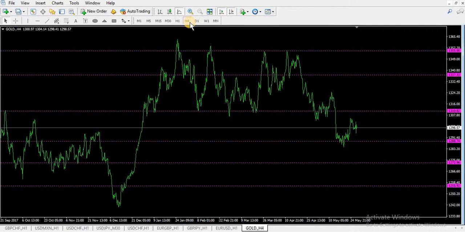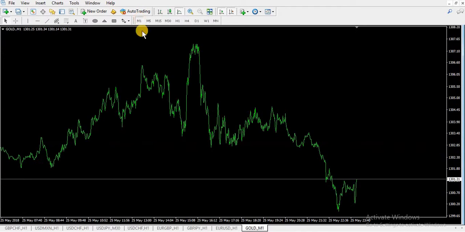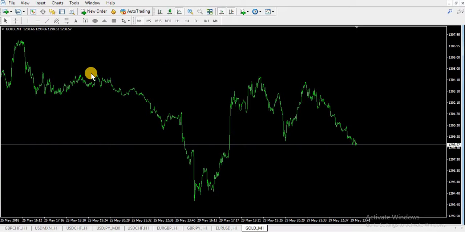Because one thing that you have to know is that every line of resistance or support line is very important. Every support resistance drawn on the minute chart means that resistance can only hold for a minute.